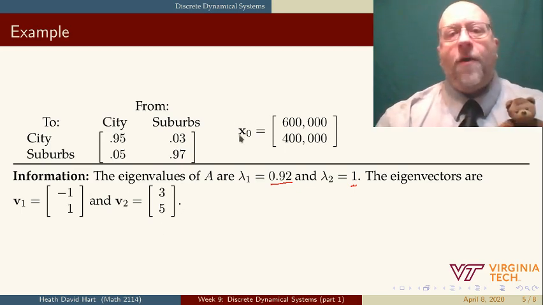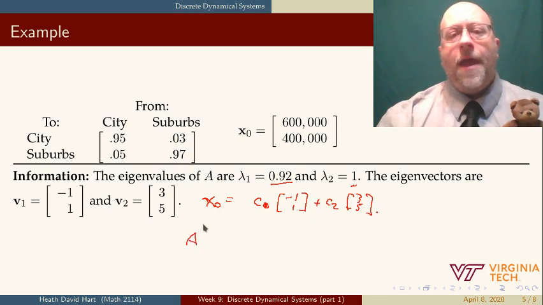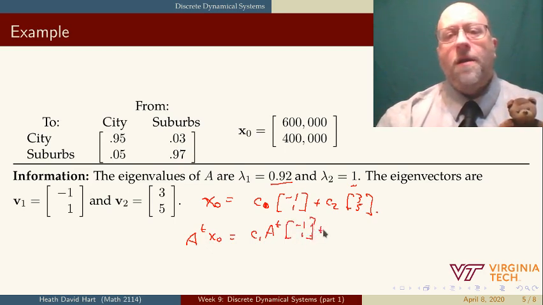And so if we write our initial x0 as a linear combination of these eigenvectors, so x0 is equal to some constant, let's say c1 times (-1, 1), plus some constant c2 times (3, 5), then A^t x0 is equal to c1 A^t times (-1, 1), plus c2 A^t times (3, 5).